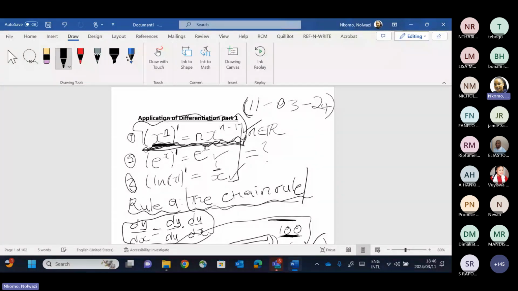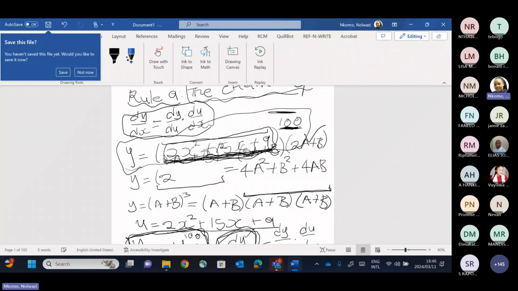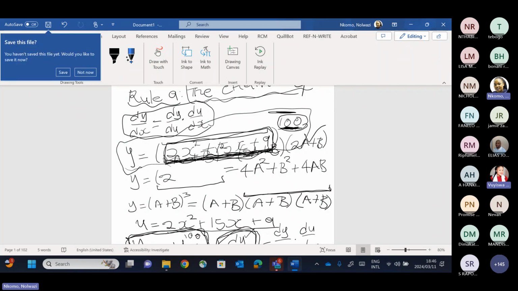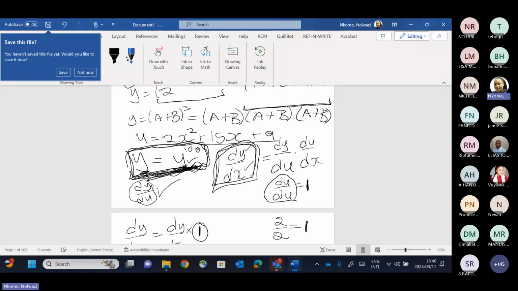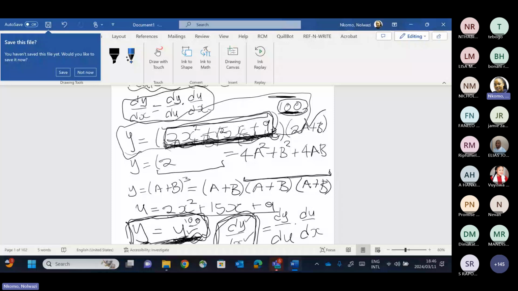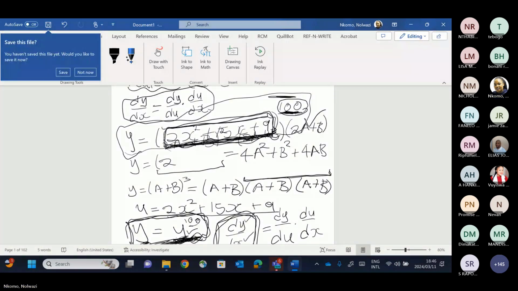This form is one variable to the power n, but our function was this function to the power n. So I had to let this function be one variable. That's why I let this function be u, and that's why now I have u to the power 100. Just come to your given function where there is this part, and write one variable.